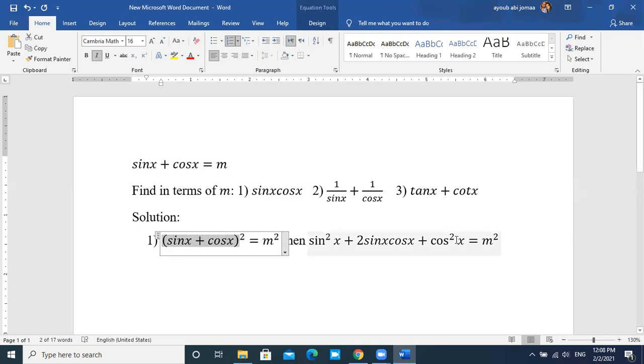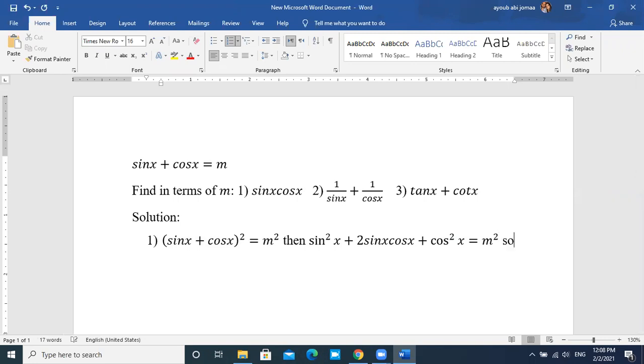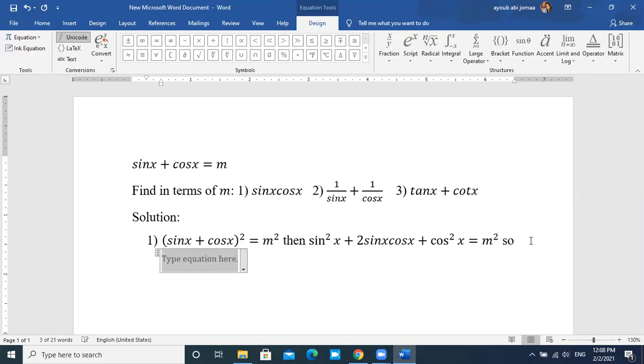Sine squared x plus cosine squared x is 1. So 1 plus 2 sin x cosine x is equal to m squared.